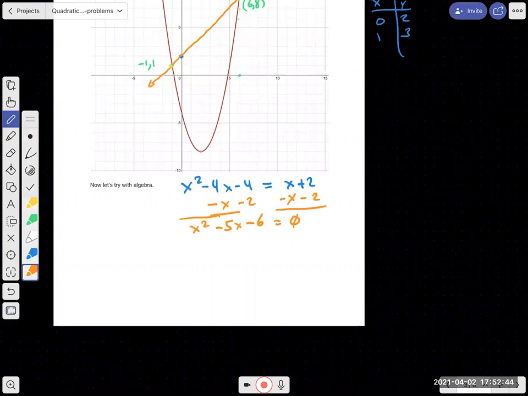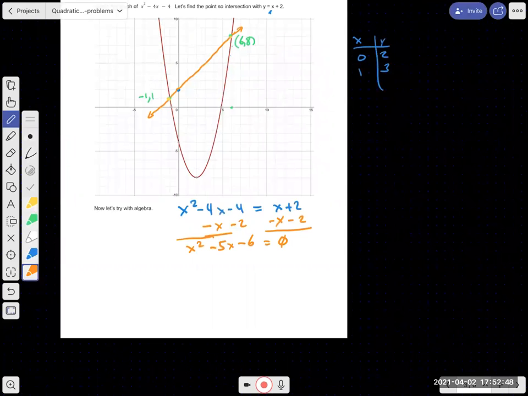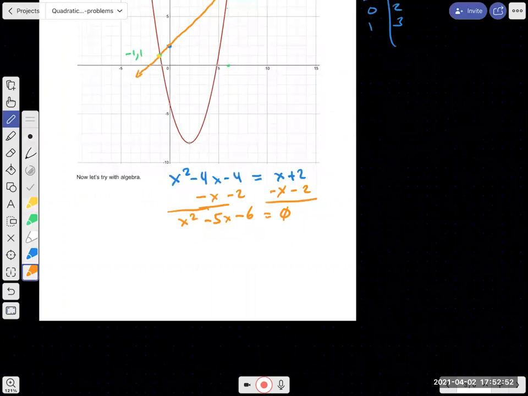And when you do that, say, I wonder what I'm going to get. It looks like I can factor that, right? I have a new quadratic. And so you say, okay, I'm going to factor that. And I get, so it's an x plus, and an x minus.